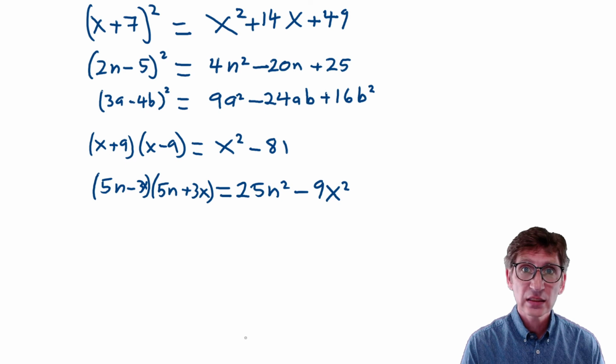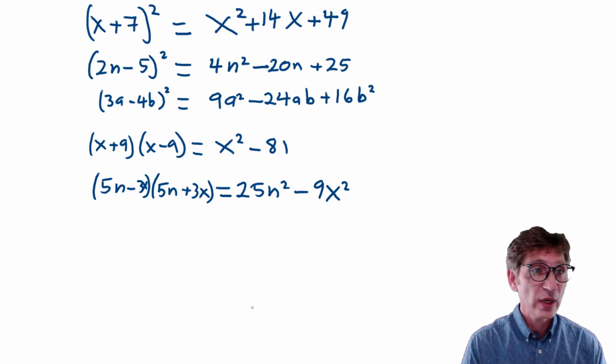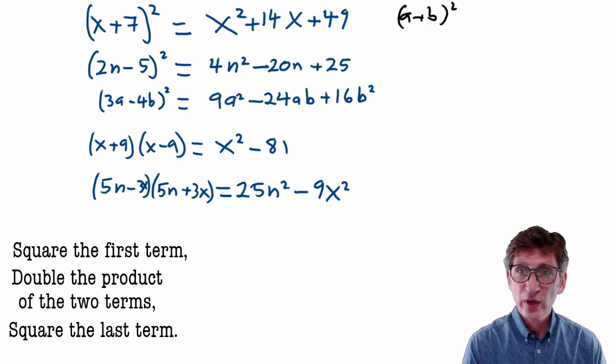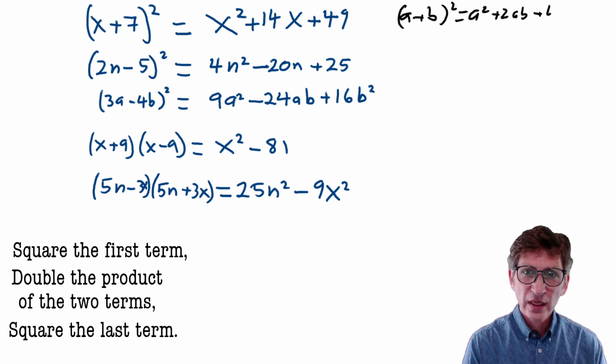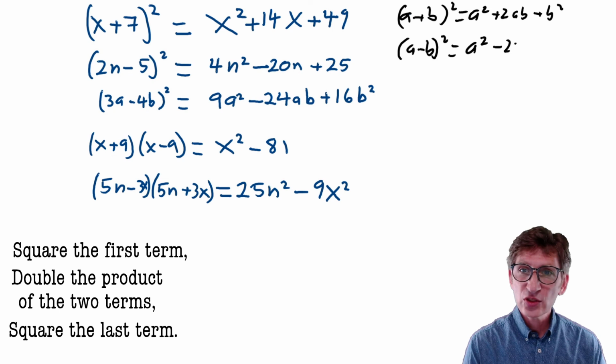That's it. These are the patterns. We have a plus b squared: square the first term, plus twice the product of the two terms, plus the square of the last term. A minus b squared, almost the identical situation. It's just we have a minus 2ab in the middle.